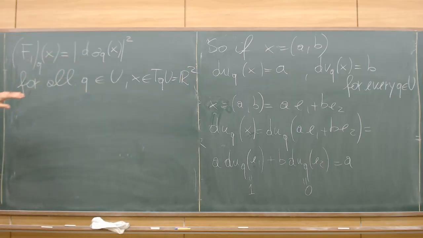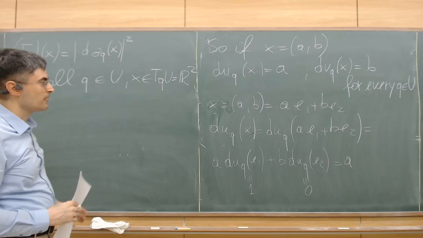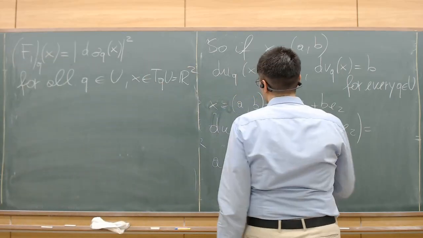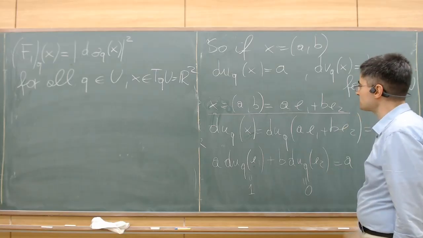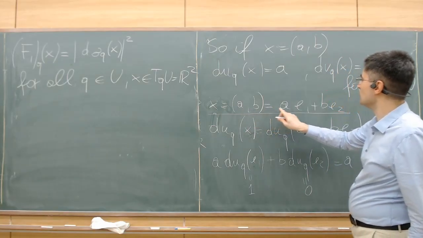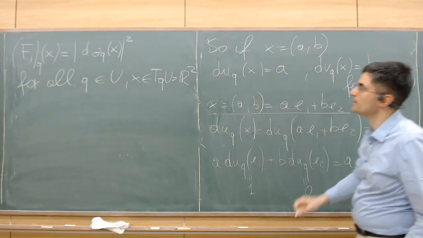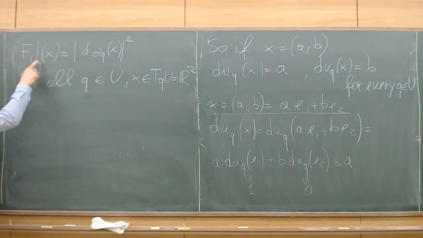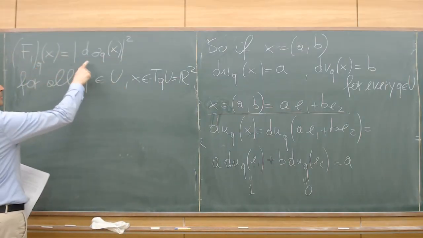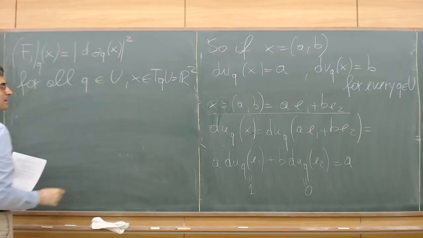If you want to check that this formula is true, just write, as I did before, X equal (a, b) equal a e1 plus b e2, and expand the formula for F1, and you will see that this coincides with the norm of d sigma q X squared.